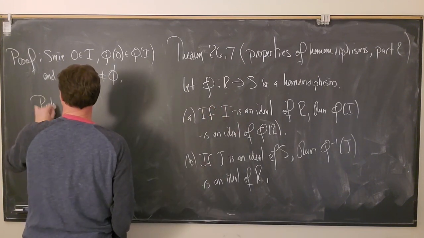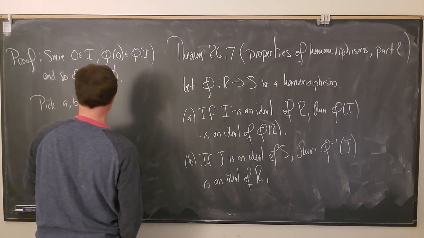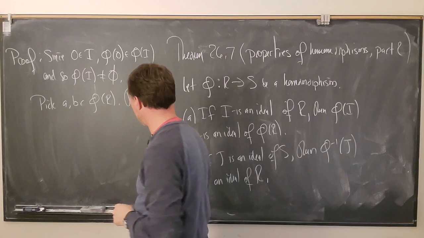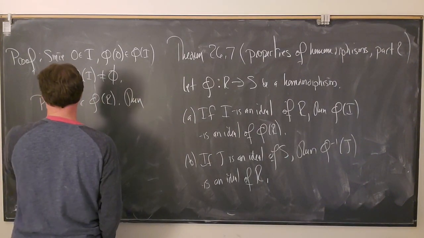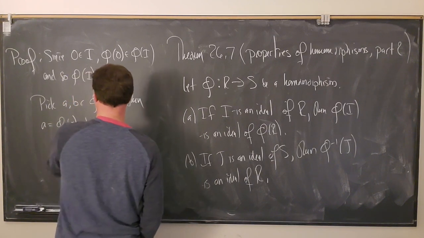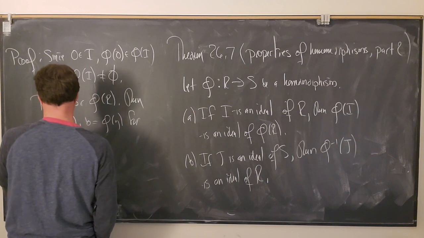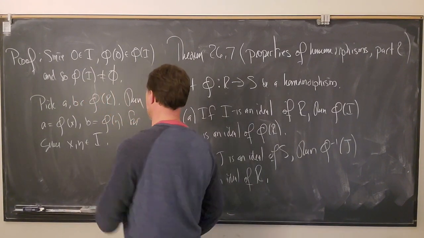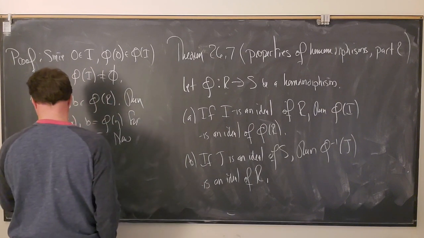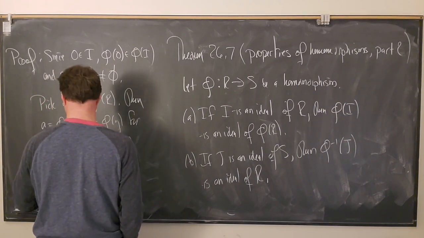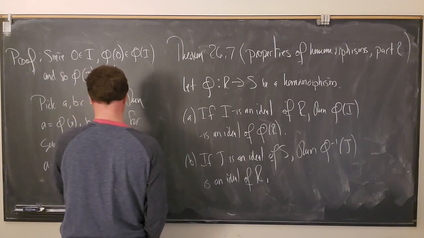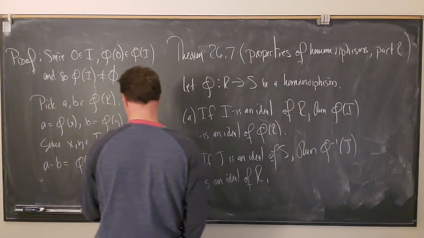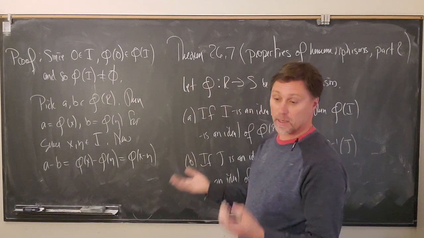Let's pick A and B in phi of I. Then A equals phi of X and B equals phi of Y for some X and Y in capital I. So A minus B is equal to phi of X minus phi of Y, which is phi of X minus Y. Since I is an ideal, it's a subring, which means it's closed under subtraction.